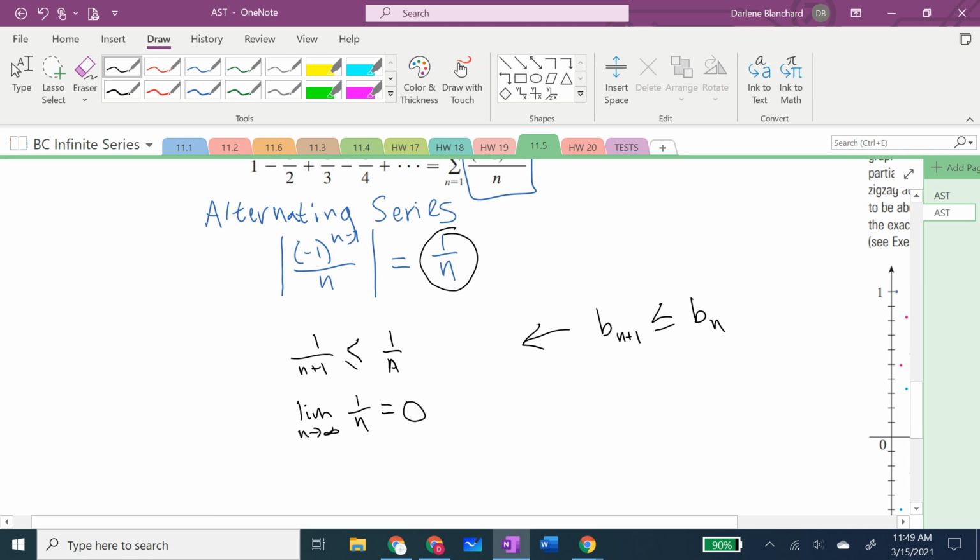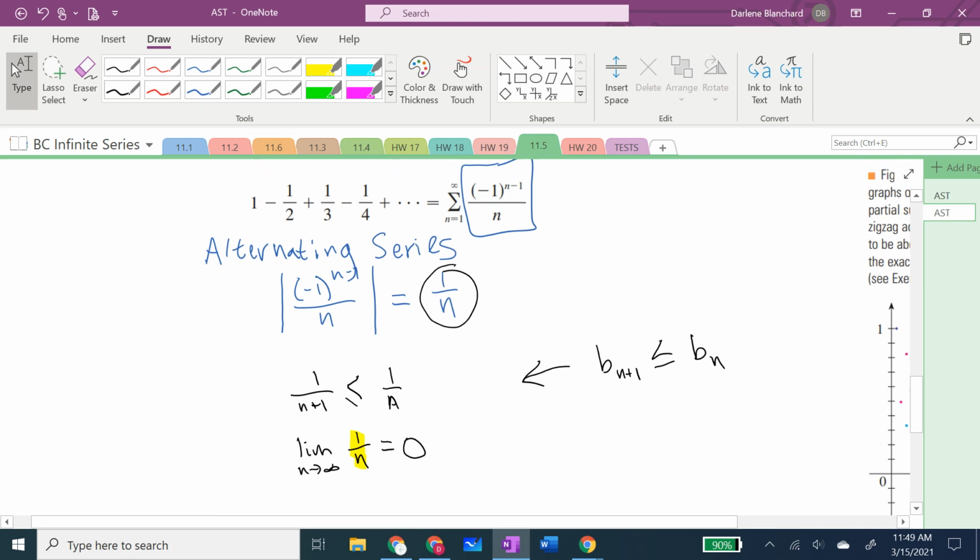Now be careful because what happens is you start using a variety of tests and you begin to mix and mesh them incorrectly. Remember that if the formula here is the entire a sub n formula, which this isn't, but if it was the entire formula, this would not be enough.